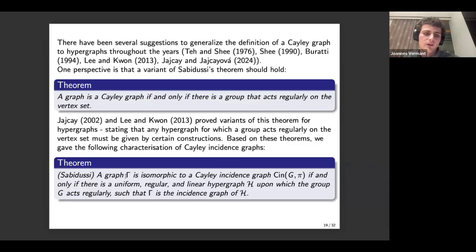A graph gamma is isomorphic to a Cayley incidence graph if and only if there is a uniform, regular, and linear hypergraph H upon which the group G acts regularly, meaning it acts regularly on the vertex set, such that gamma is the incidence graph of H. So Cayley incidence graphs are precisely those that appear from regular, uniform and linear hypergraphs which come with a regular group action on the vertex set.